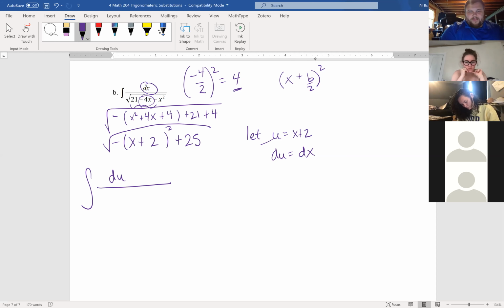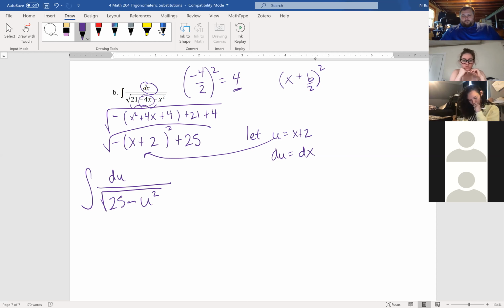So if I let u equal x plus 2, this is really square root of 25 minus u squared. That then looks like something we're used to in terms of trig substitution. So now the question is, what do I plug in? We need something that's going to be 1 minus a trig function squared.